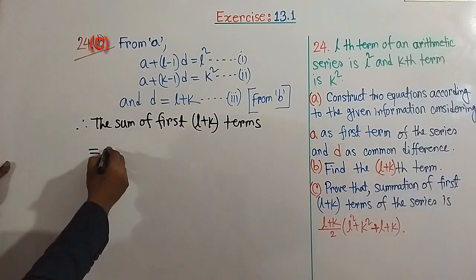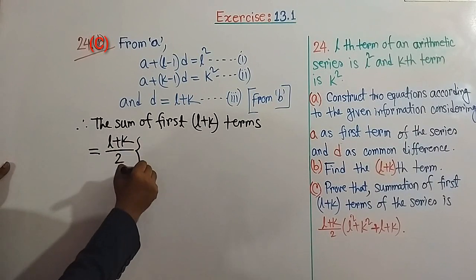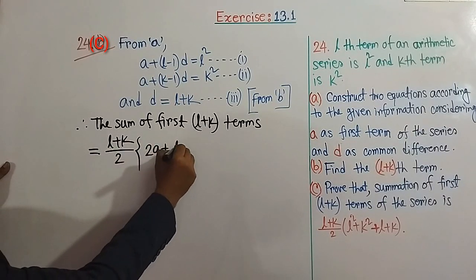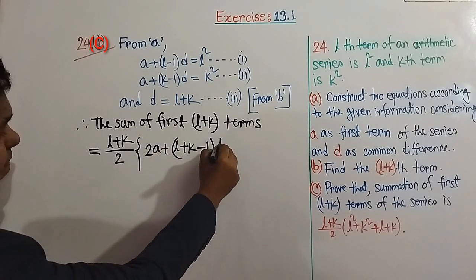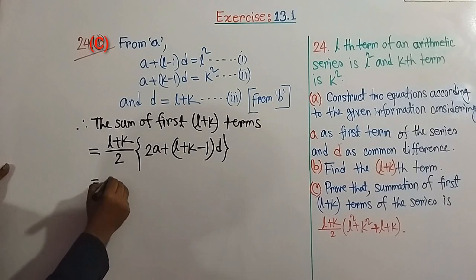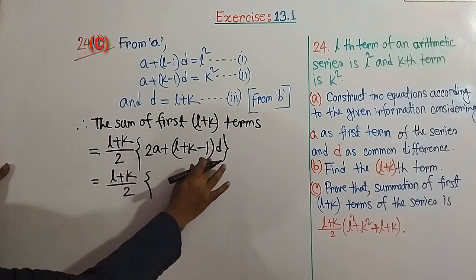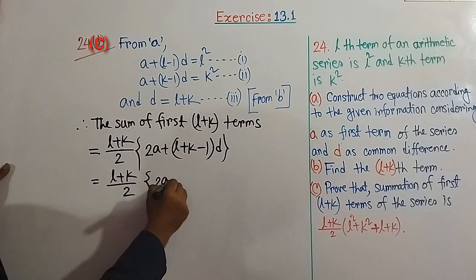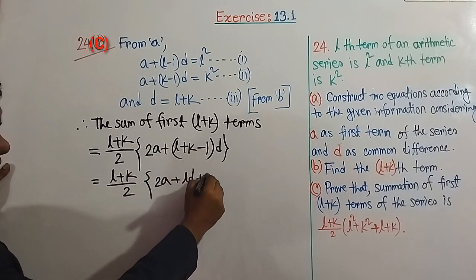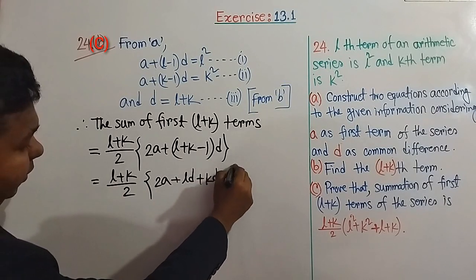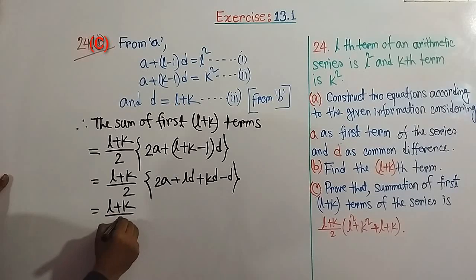So we have to write L plus k by 2 into 2a plus L plus k minus 1 into d. Now here L plus k by 2, multiplying this we get 2a, and then multiplying this we get Ld plus kd minus d.